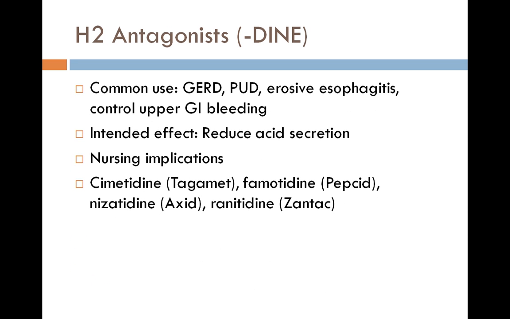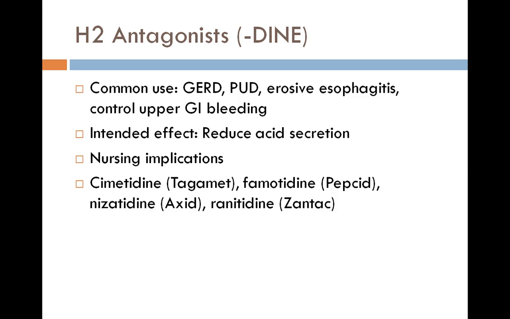With H2 antagonists, these are medications that we commonly use for GERD, or gastroesophageal reflux disease, or PUD, which is peptic ulcer disease. These medications can also be used for erosive esophagitis, and they can be used to control upper GI bleeding. And the intended effect of these medications is that they're going to reduce acid secretion.